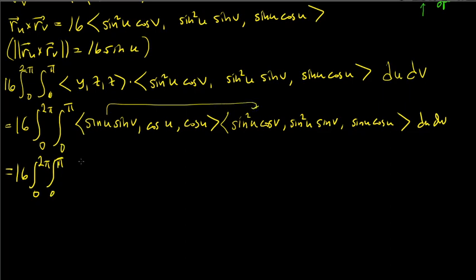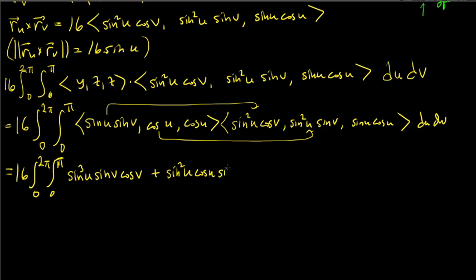This times this gives us sine cubed of u times sine v cosine v, plus, remember it's the dot product, cosine u times sine squared of u times sine of v, plus cosine of u times cosine u sine u, so sine u and then cosine squared of u. I think that's it, right?